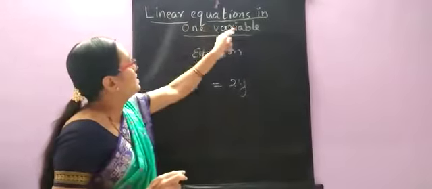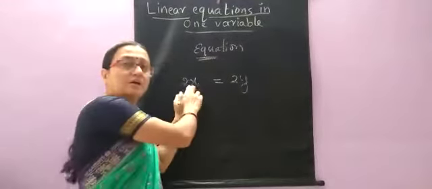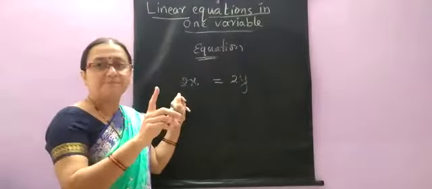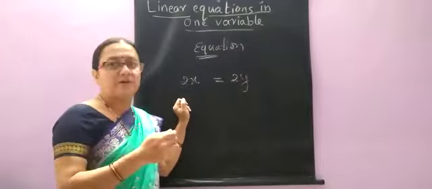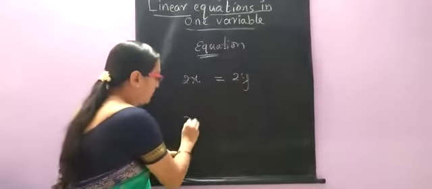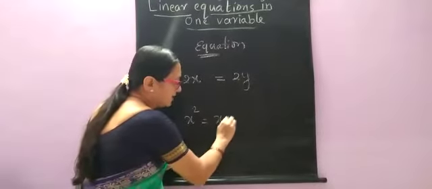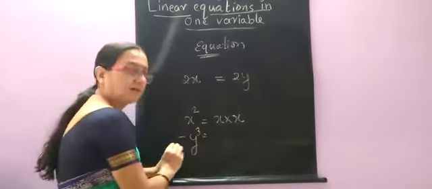Linear equations in one variable. Linear means the degree of the expression or equation should be 1 here. What is degree? Degree means power of the expression. So previous year also you learnt about the degree. Okay. So if I say x square, it is obtained by x into x. Say minus y raised to 3.